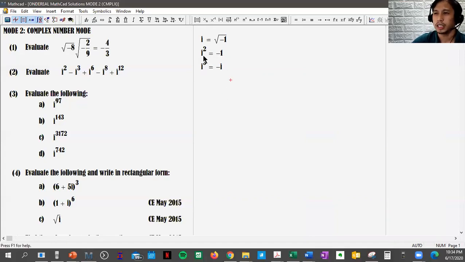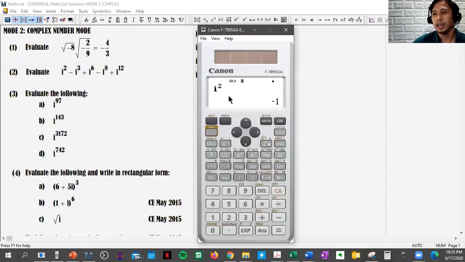That is the result, because I cubed is equal to I squared times I. So it leaves us negative I. Right? And if we are to raise I to the power of 4, take note, it's like we are raising I squared to a power of 2. Right? So I to the power of 4 is equal to 1. Okay? So, yun na nga. The calculator cannot evaluate I to a power of a number which is greater than 3.